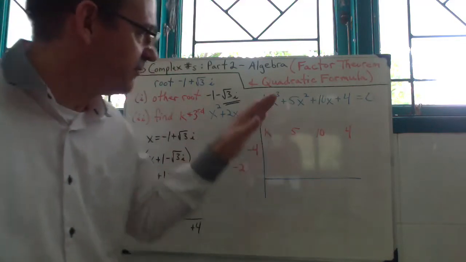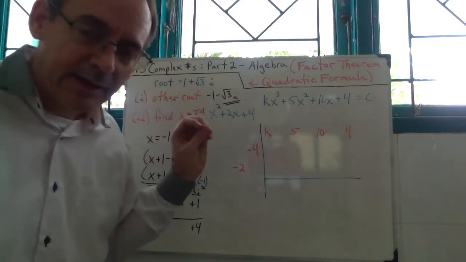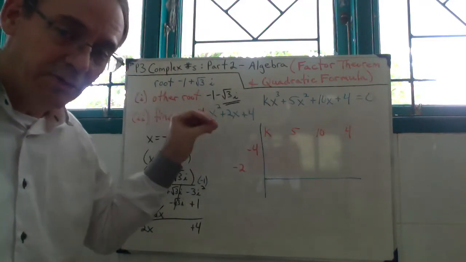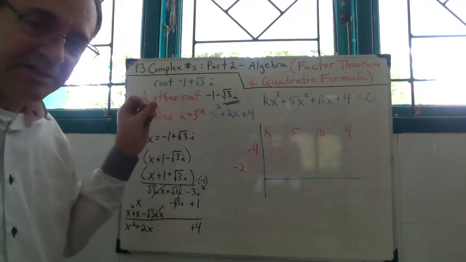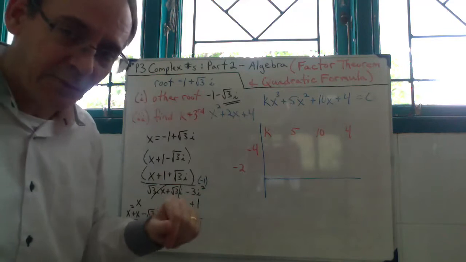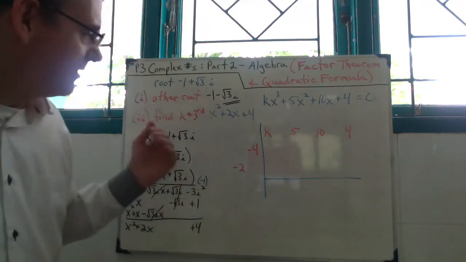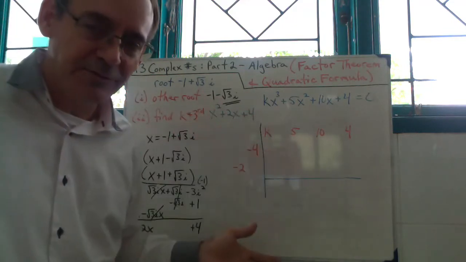So instead of doing it with function notation like we did in the previous example, where I just evaluated the function for the root, in this case, we're going to do long division.